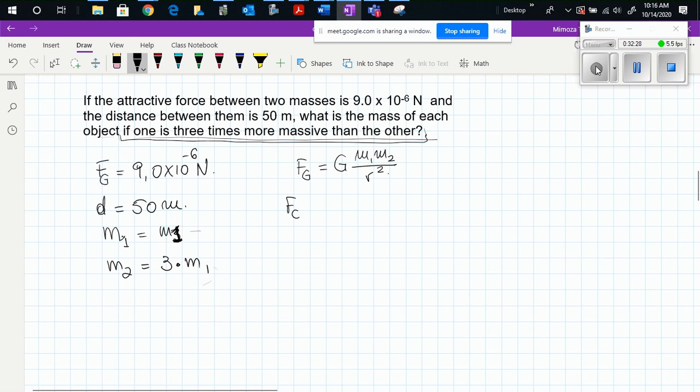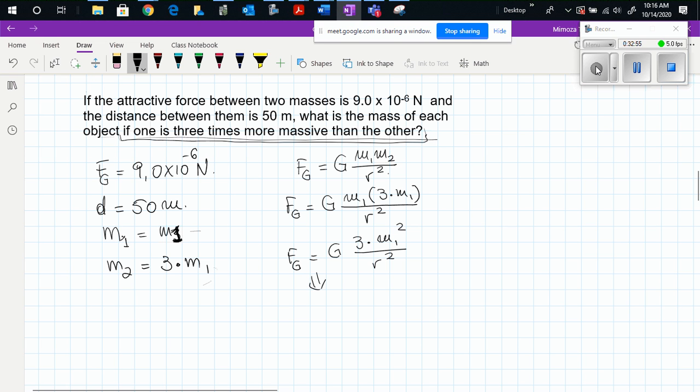Or universal force of gravity is capital G mass 1, 3 times mass 1 for mass 2, over r squared. And now mass 1 times mass 1 will be mass 1 squared. So capital G 3 times mass 1 squared over r squared.